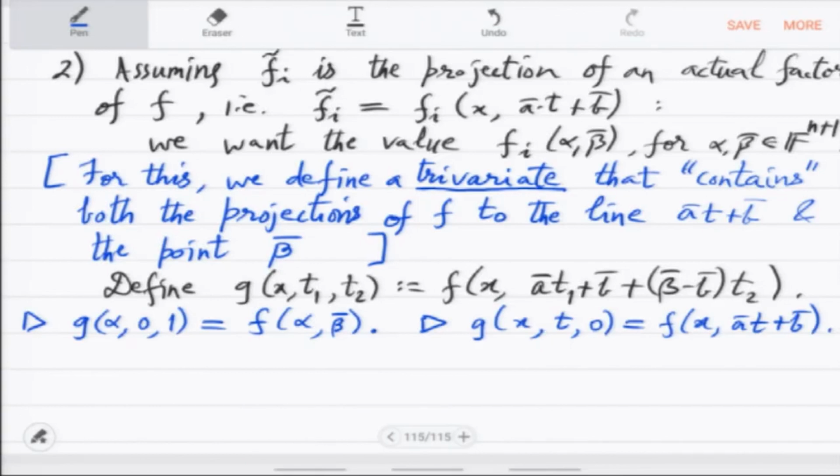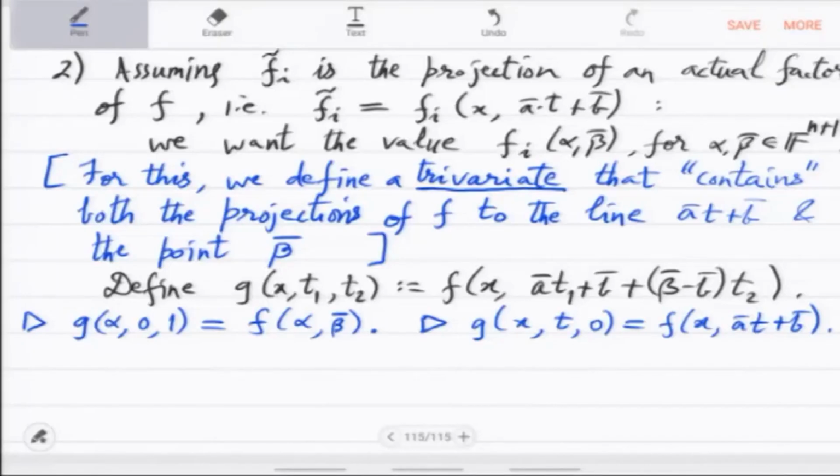Right, so G is this trivariate projection in which you have the line contained like before, and you also have the point contained, and by Hilbert's irreducibility theorem there is a bijection if you look at the set of irreducible factors.